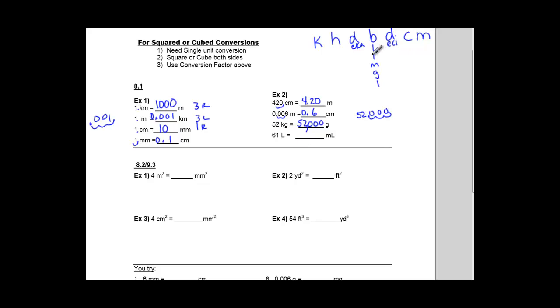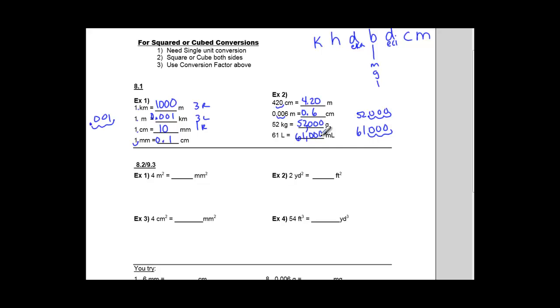And then 61 liters to milliliters, I'd move to the right 3 places, which is going to give me 61,000 milliliters. Okay, those are pretty straightforward.